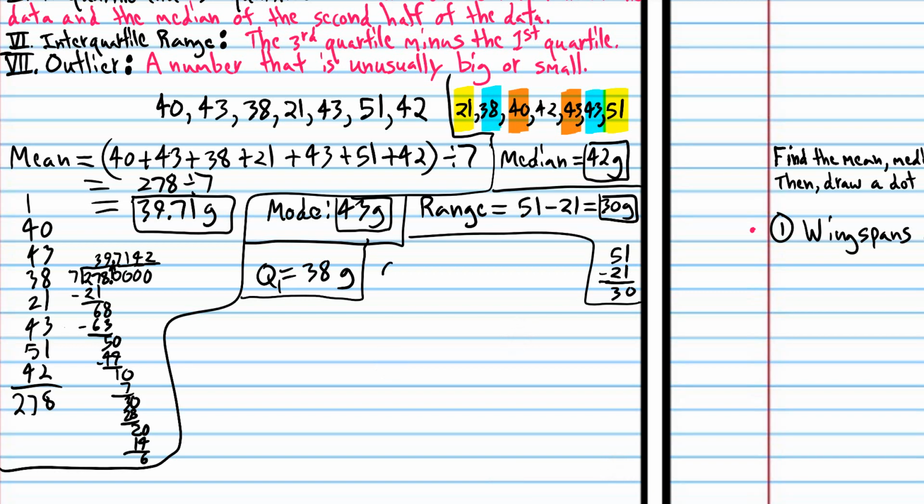I don't think I mentioned that. Q3 is the middle of the second half of the data. As you can see, the middle of the second half is 43. So Q3 is 43 grams. All right, I guess we can rectangle those.